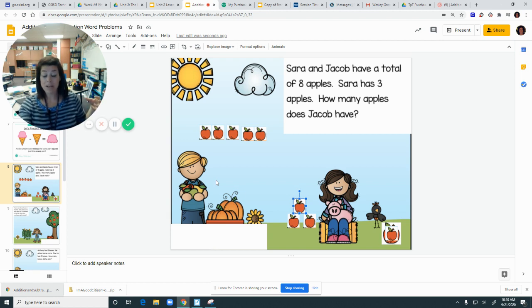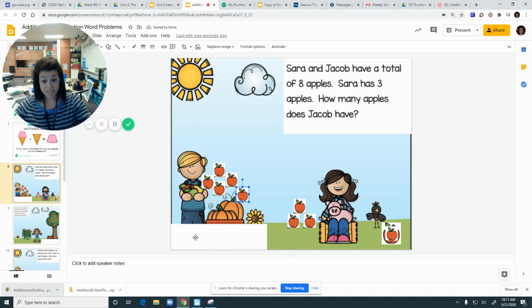Well, Sarah had 3. So she took her 3. So if she took 3, that means the rest have to come from Jacob. Well, how many did Jacob have? He had 5. 1, 2, 3, 4, 5.